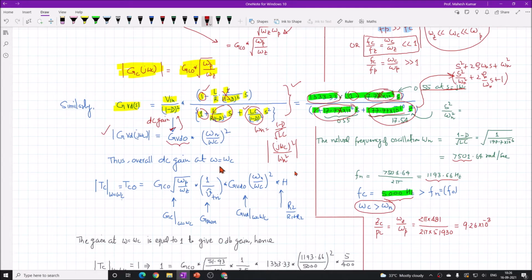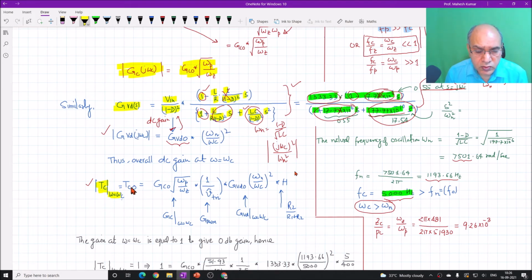Therefore the overall gain at omega equal to omega c will be Tc0, which equals Gc0 into omega p by omega z, because this was the value of the lead compensator magnitude, into 1 by the triangular peak.